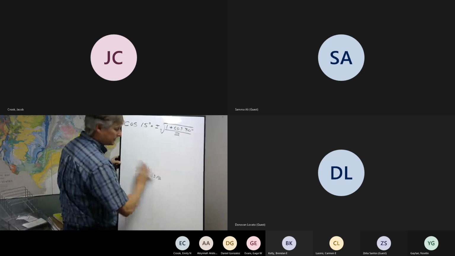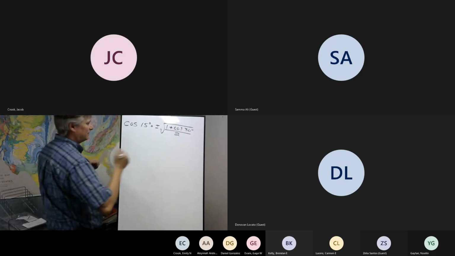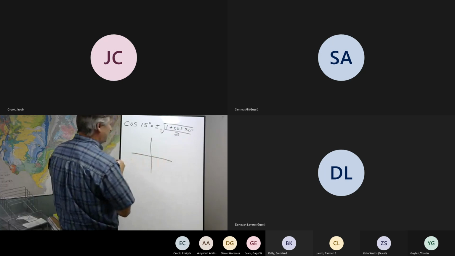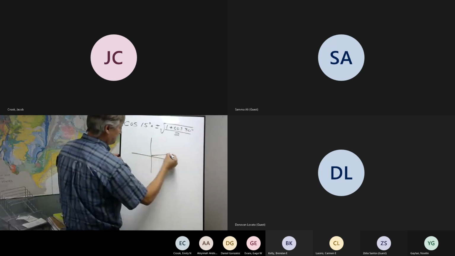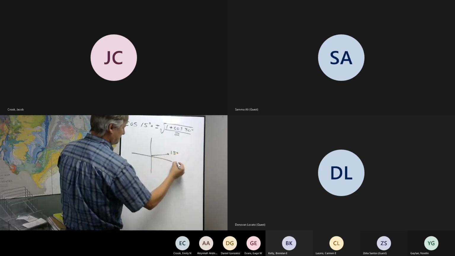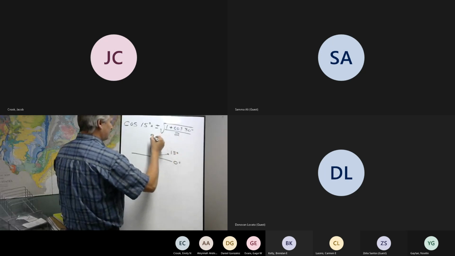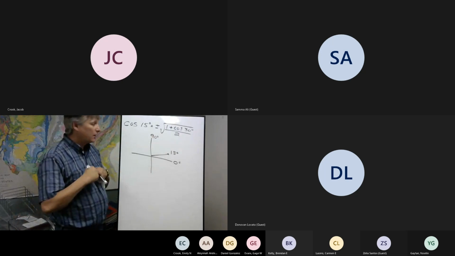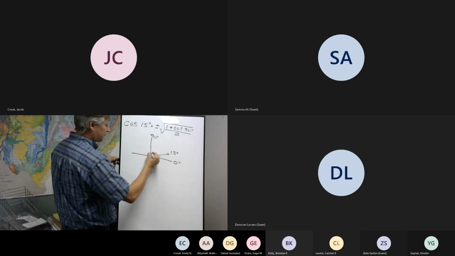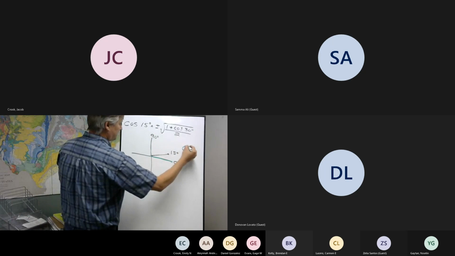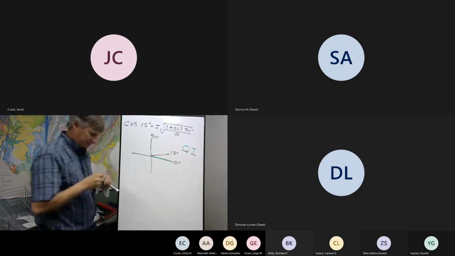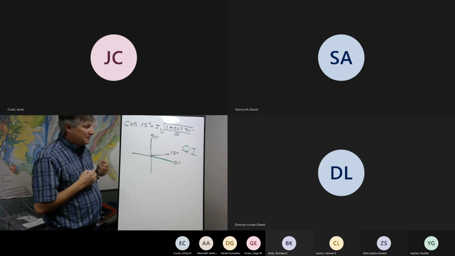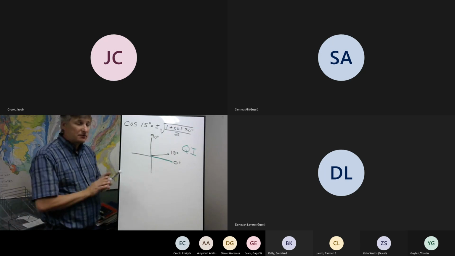Now again, we've got to decide plus or minus. And 15 degrees, well, again, that's going to be in that first quadrant. So this is going to be where cosine is positive.